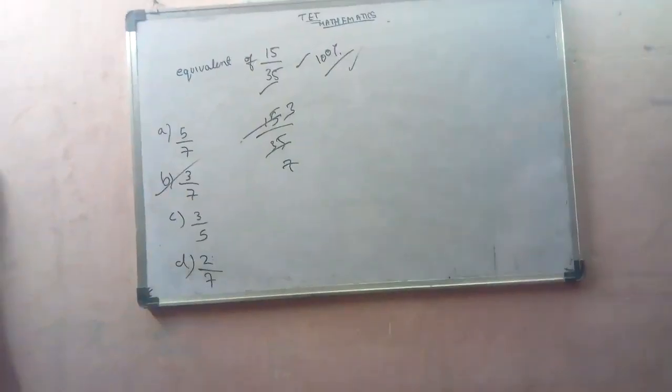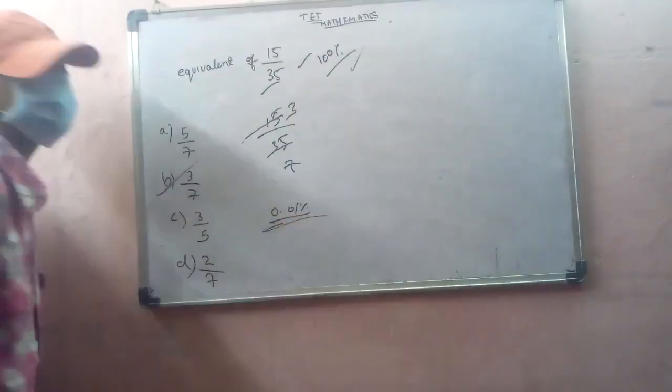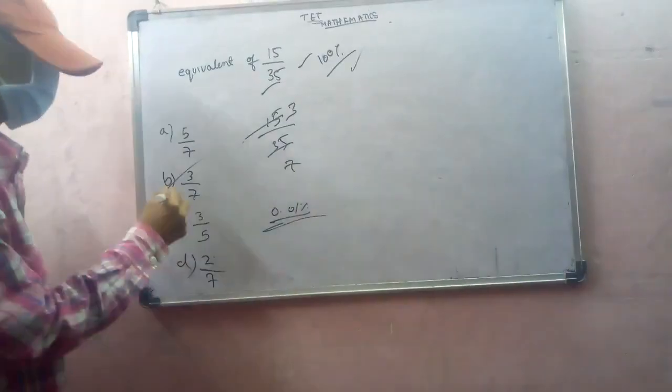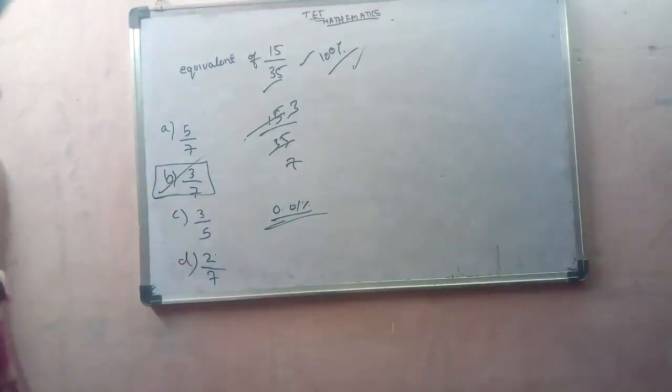Now I am telling you, there is very little chance of a wrong answer, 99.9% I think they will tell the correct one. So 3 by 7 is the correct answer.